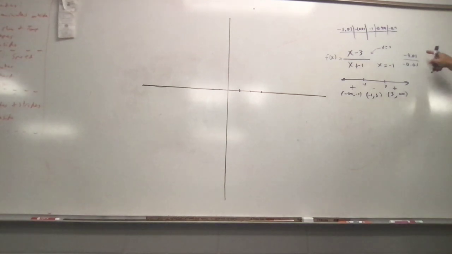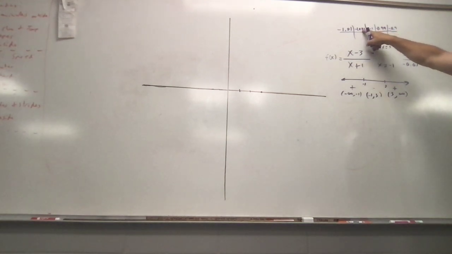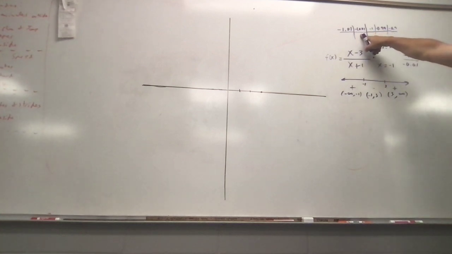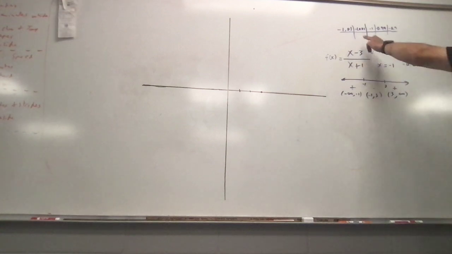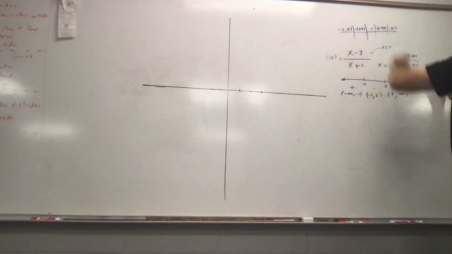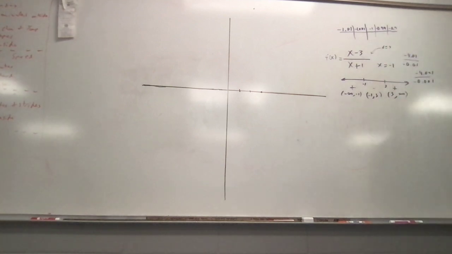Well, the numerator does not change too terribly much here, neither does the denominator, but the actual division portion changes a lot when I talk about plugging in this negative 1.001. So I've got negative 4.001 over negative 0.001. And now when I do this arithmetic, I get a number that is really close to 4,000.